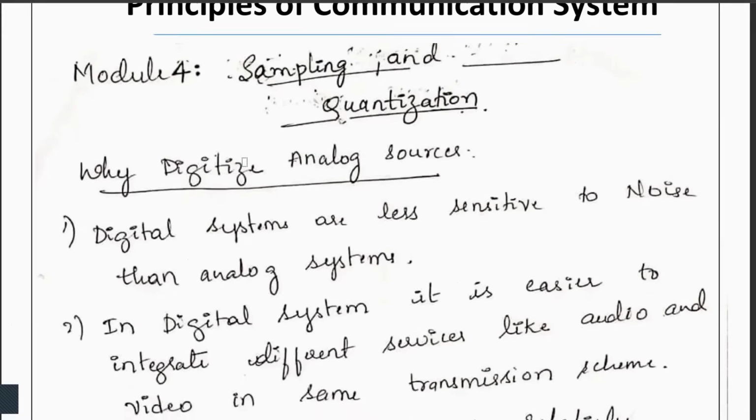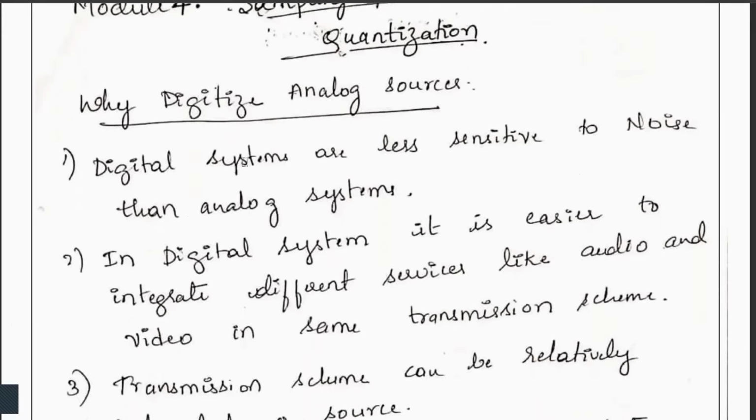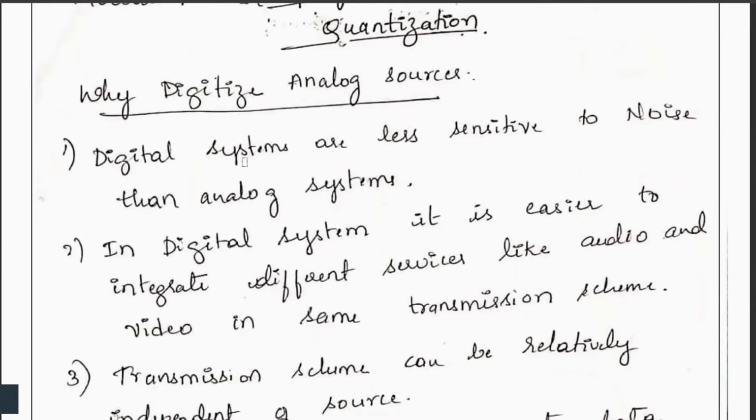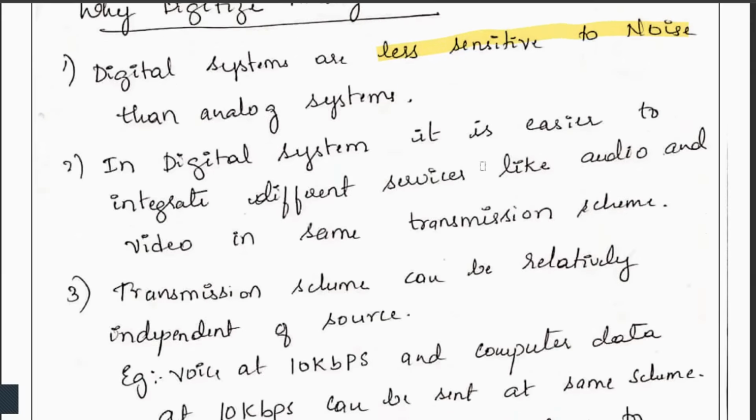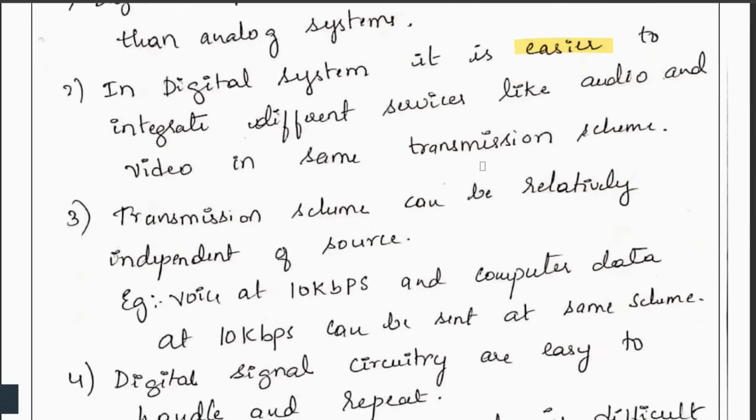Sampling and quantization. Why digital for analog signals? Digital systems are much less sensitive to noise than analog systems. In a digital system, it is easier to integrate different services like audio and video in the same transmission scheme.